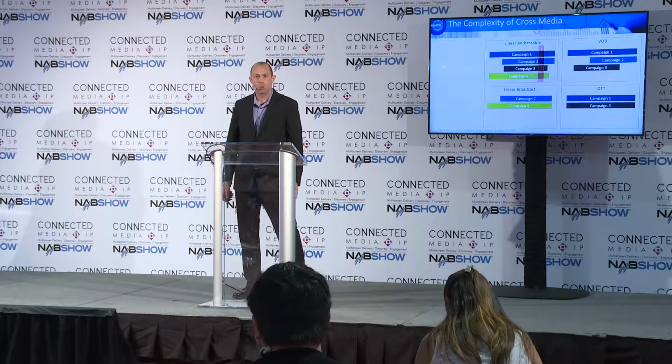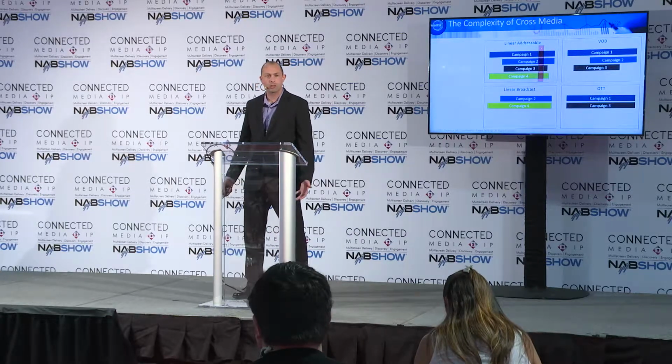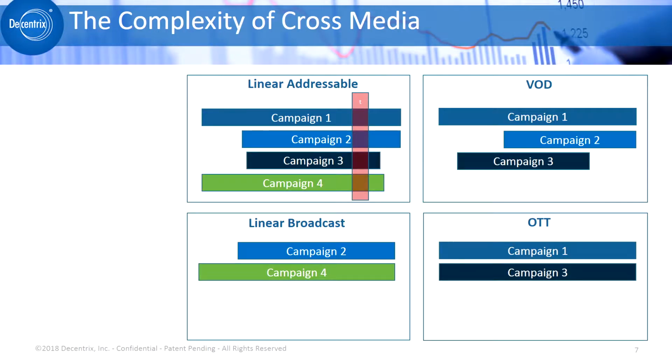So neither of those scenarios really work well if you're thinking about how to maximize revenue more at a global organizational level. But the problem actually gets worse when we start thinking about that from a cross-media standpoint. So you're not only making that decision in one particular inventory pool, you're making this across multiple types of inventories.